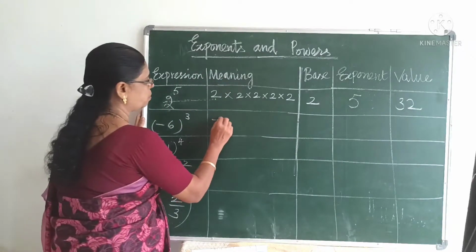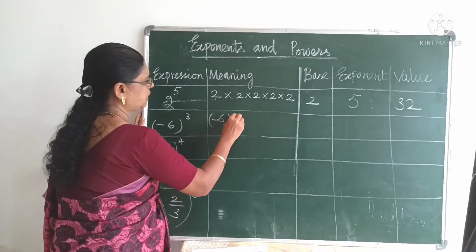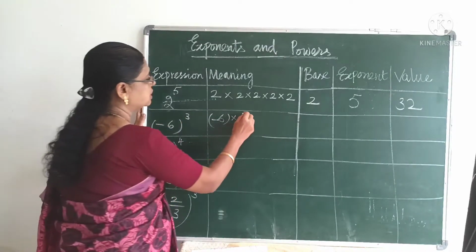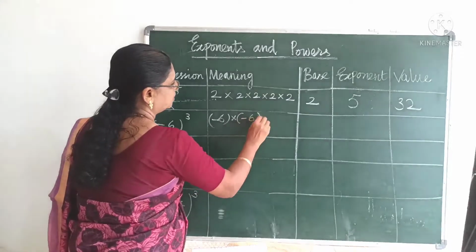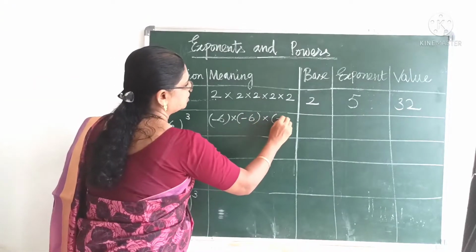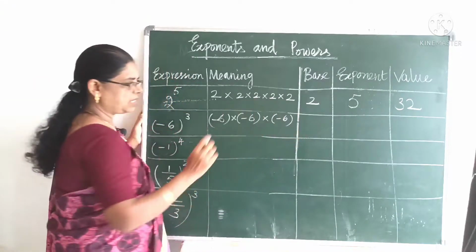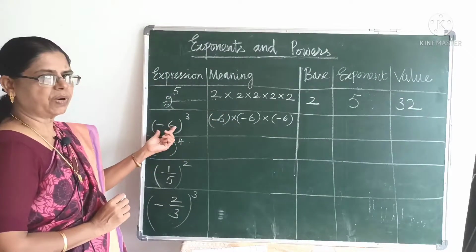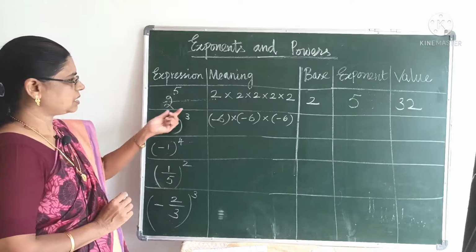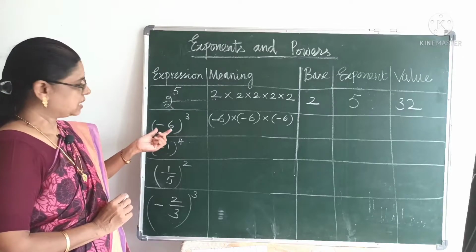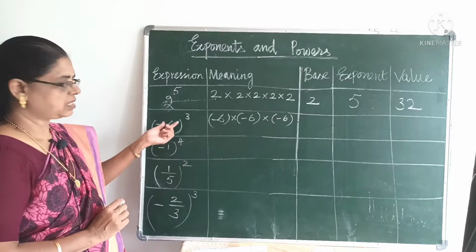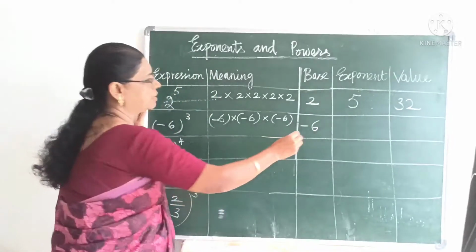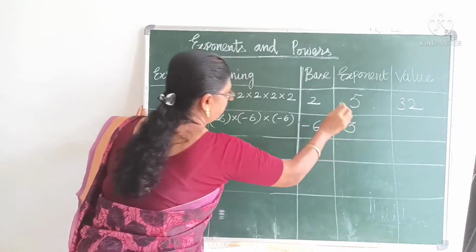Minus 6 should be written in multiplication form for 3 times. Take minus 6 3 times and put it in multiplication form. So, this is the meaning of this one. Minus 6 cube, which is its base? Minus 6 is the base and 3 is the exponent.